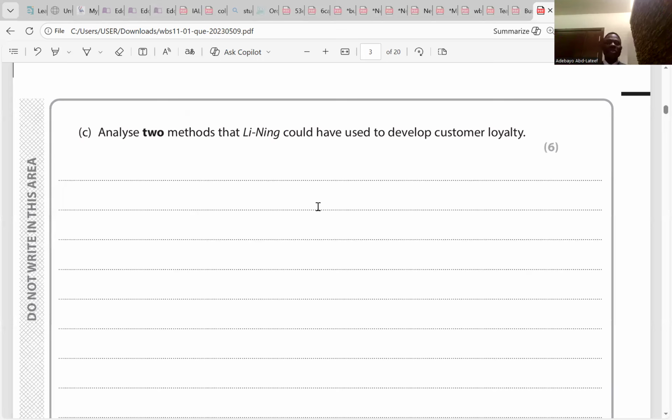So what are the methods that Li-Ning could use to develop customer loyalty? The first one is customer service. Quality simply means meeting customers' expectation. If you are able to meet customers' expectation, customers will be satisfied and happy. So they always return to buy from you because they are already emotionally attached to your product.